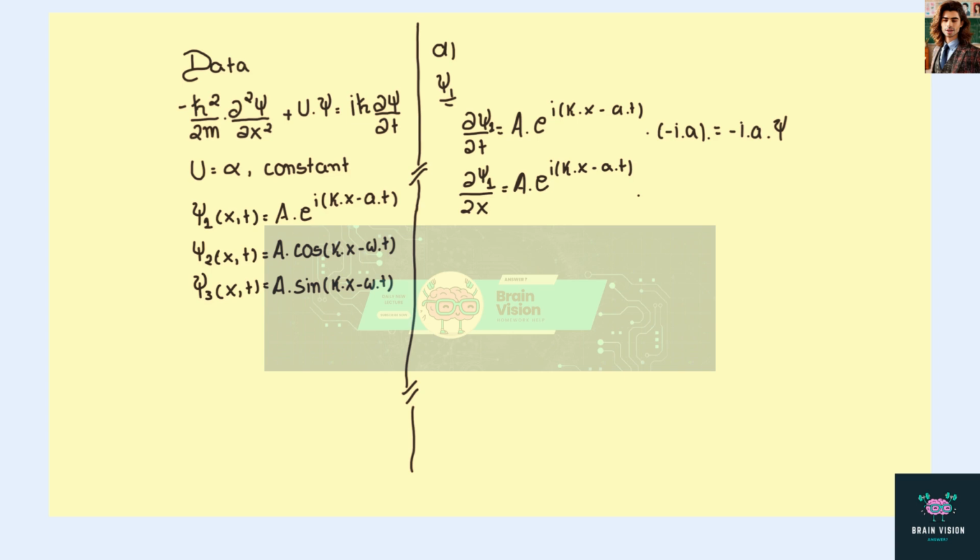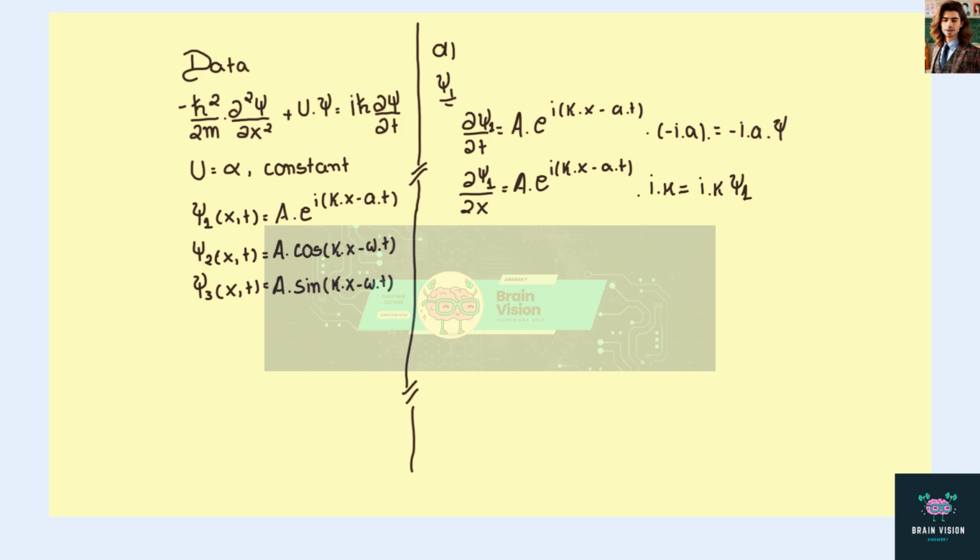The derivative of the argument with respect to x is equal to i times k times the derivative of x with respect to x, which is 1. This term will not give a contribution since it doesn't depend on x. Therefore, we have this times i times k, and that's it. So this is equal to i times k times psi 1.